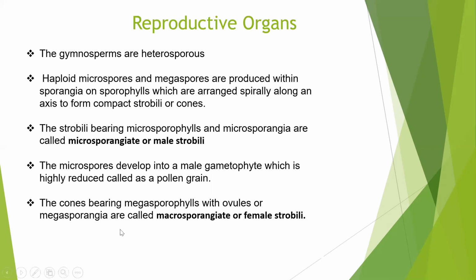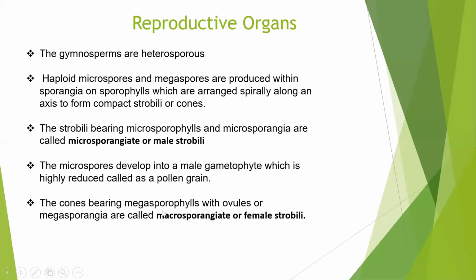So there are two strobili. One is the male strobilus and the other is the female strobilus. The strobili bearing the microsporophyll and microsporangia are called microsporangiate or male strobili. In the male strobili, microspores develop into the male gametophyte, which is a reduced pollen grain.